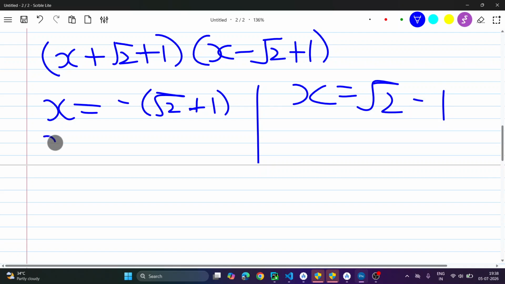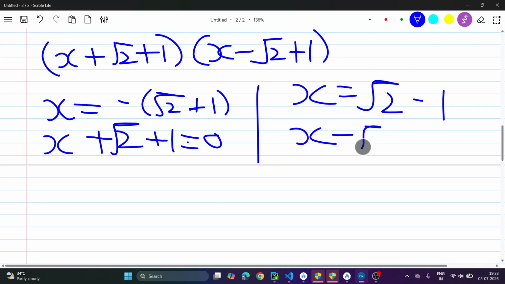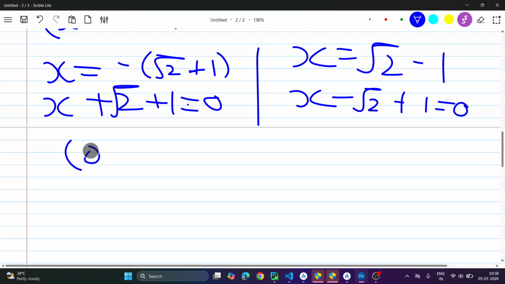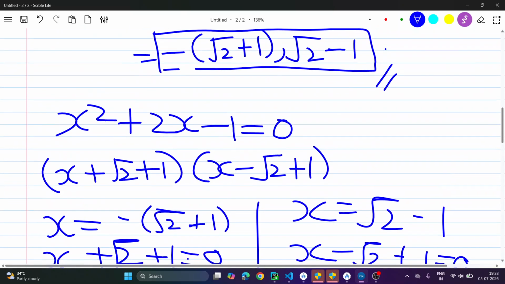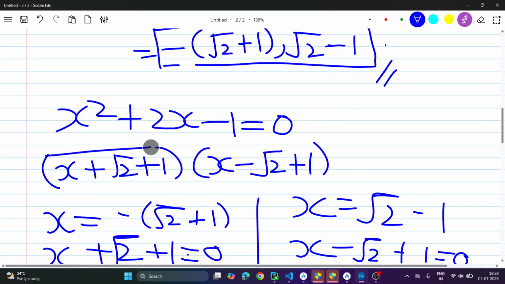So now if you send this to this side, x plus root 2 plus 1 equals 0, and here, x minus root 2 plus 1 equals 0. So now 0 into 0 will be 0, so the final answer must be 0. This is 0, this is 0, so finally we'll get this as 0. That's how we find it.